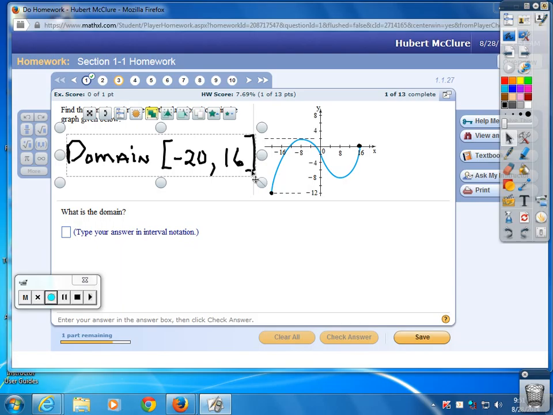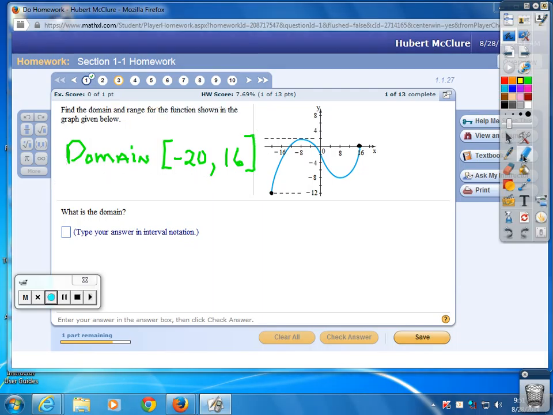Change it to green, and I'm going to take a green highlighter and highlight the domain so you can actually see it. There's your domain. Because domain is what values? X or Y? X.